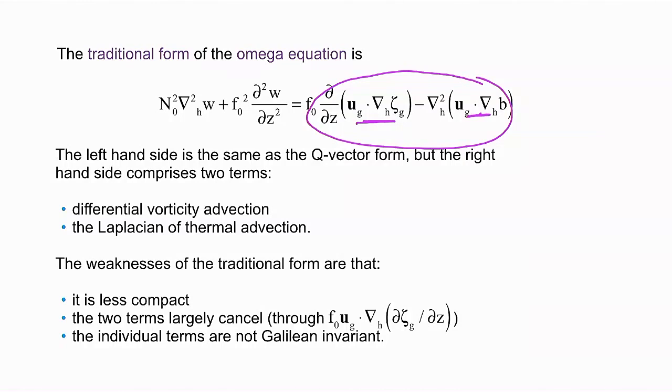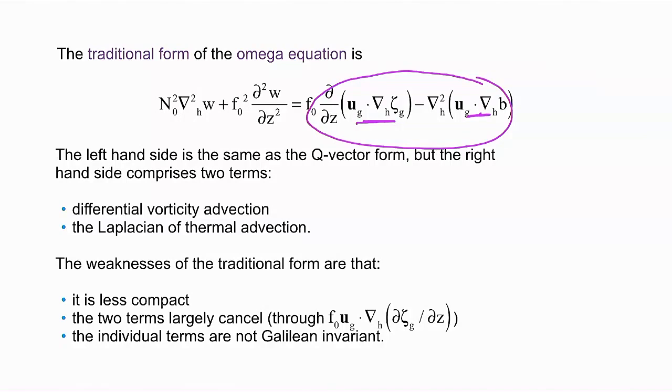And for a very long time, this has been the preferred form used by forecasters. The Laplacian of the thermal advection is kind of thought to be the forcing at low levels, and the differential vorticity advection is thought to be the forcing at upper levels. Mathematically, that right-hand side is 2 times the divergence of Q. But the divergence of Q is a much neater way to do this calculation. First of all, it's a divergence of a vector.